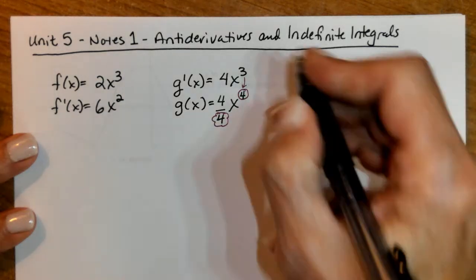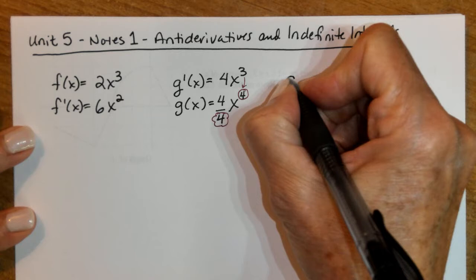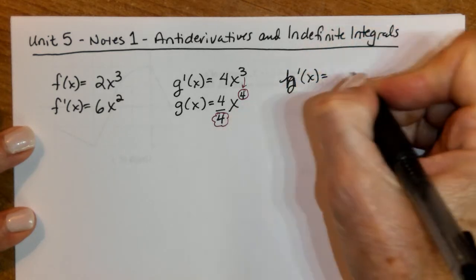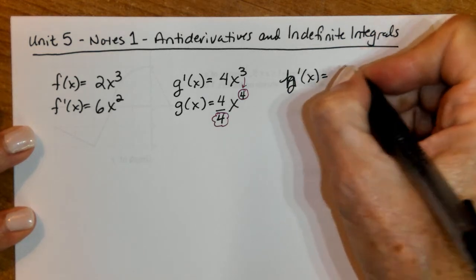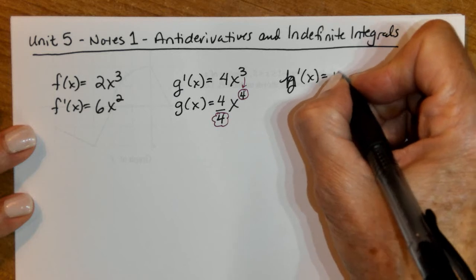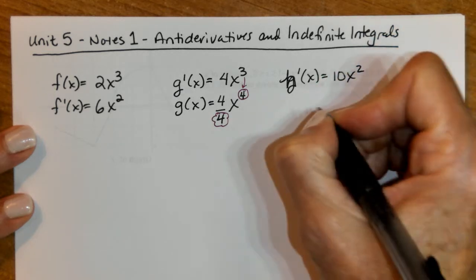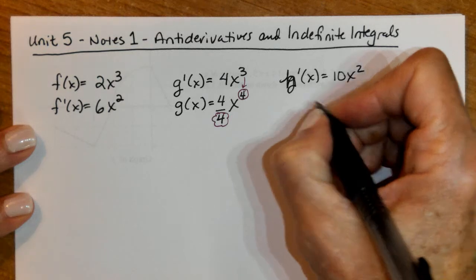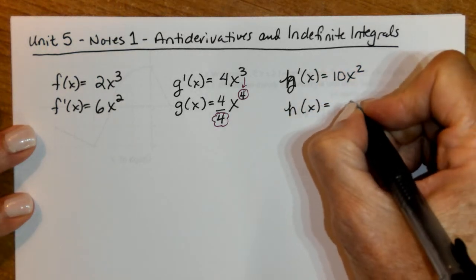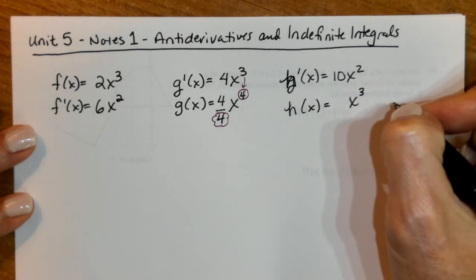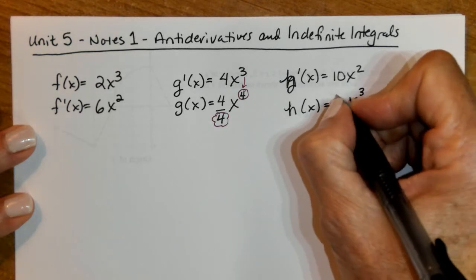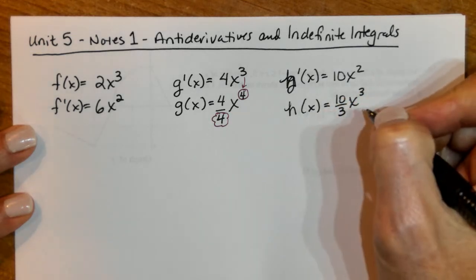Let's see if it works. So let me have a different function here. I should have named it something else. Let's call it h prime. Let's say h prime is, oh, I don't know, how about 10x squared? So the question is, what was the original function? So we add 1 to the power, and then we divide by the new power. Does that work?